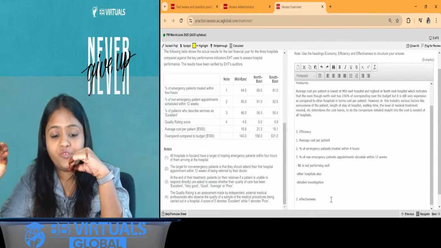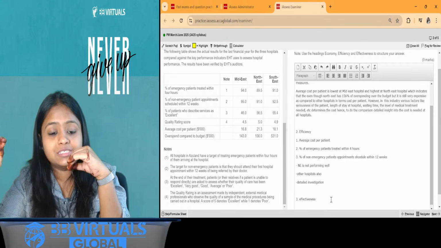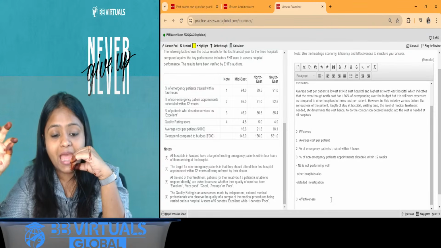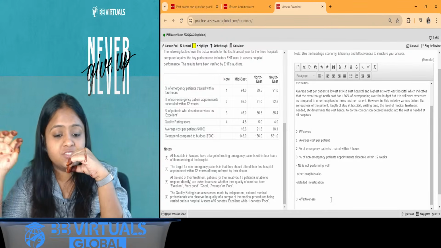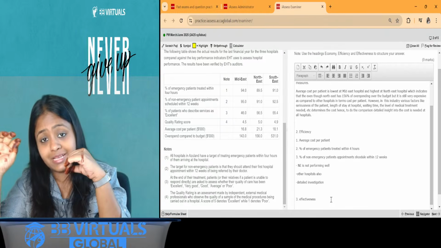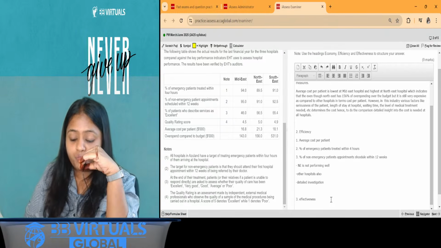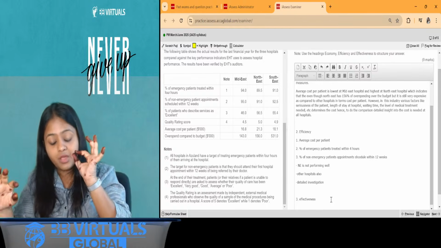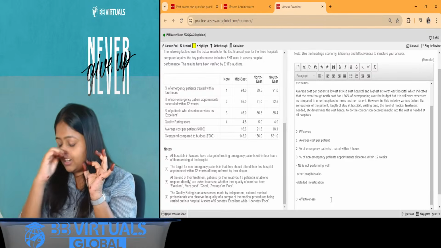Now, when I come to effectiveness, the first pointer is quality rating score and the percentage of patients who describe services as excellent. Now, that's the final output that an organization is looking for. Now, how should I be writing the starting?